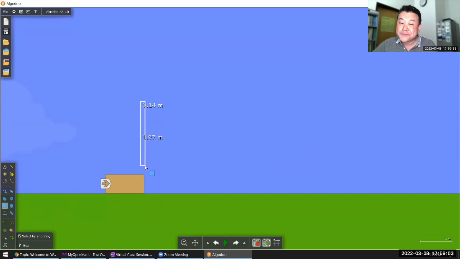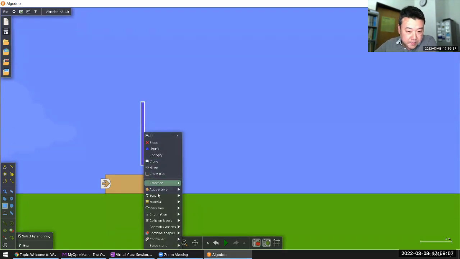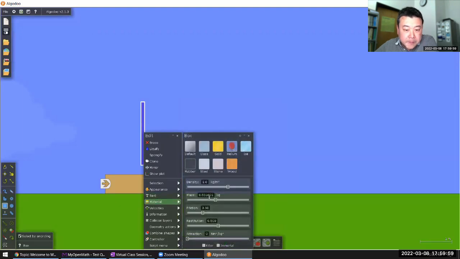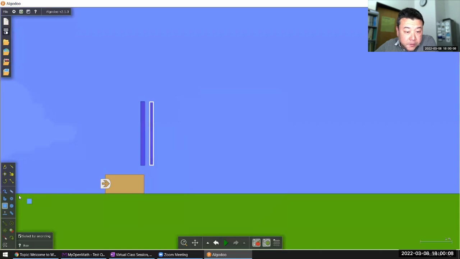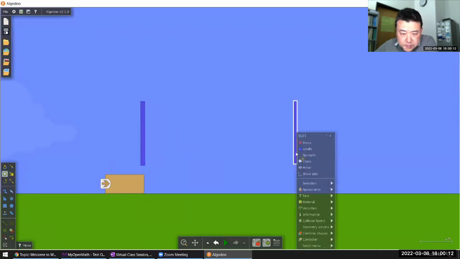Describe it now and come back to it in about a week or two. So I'm going to just put this down as a marker. I want this blue one glued to the background. Let me clone it. I don't know if a cloned thing is also glued to the background.